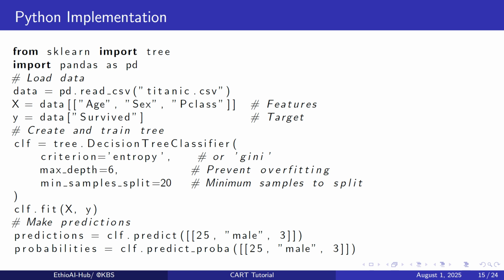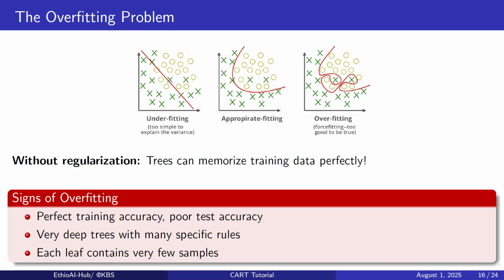This is a simple text. We import libraries and load the Titanic data. We will see age, sex, and passenger class, and we will predict survival. We'll see the actual implementation in the next video.